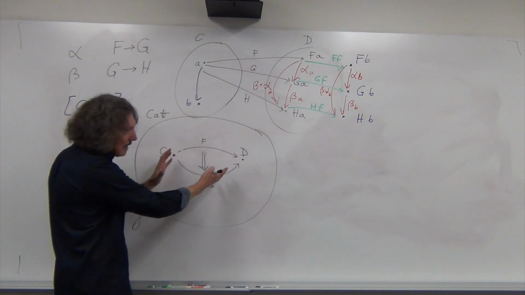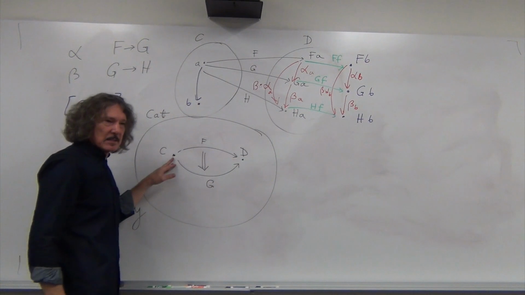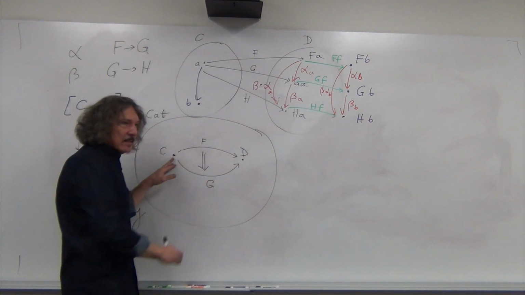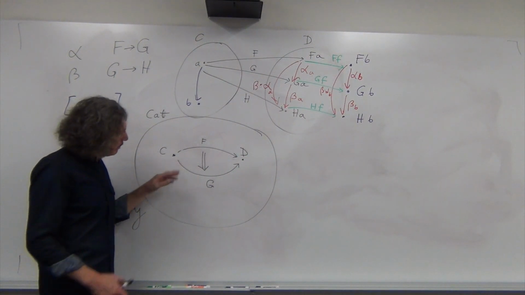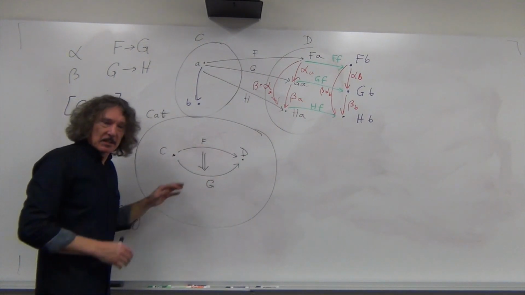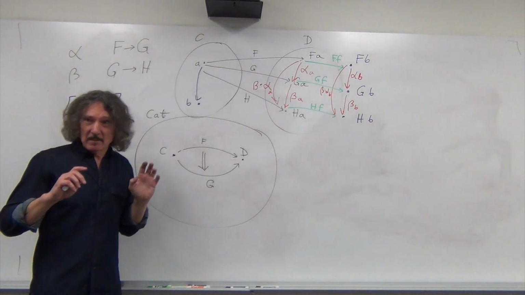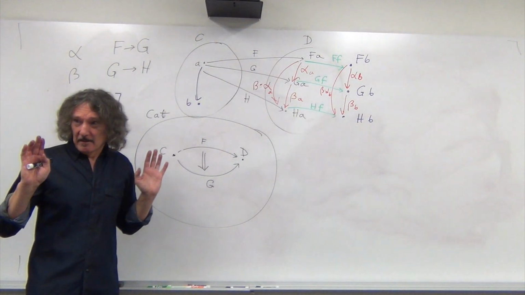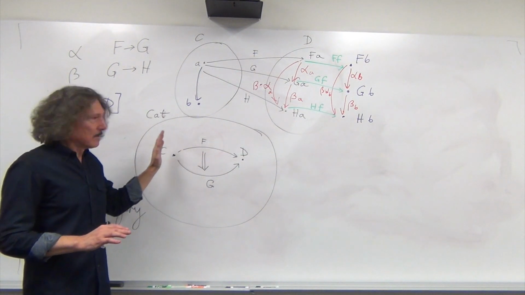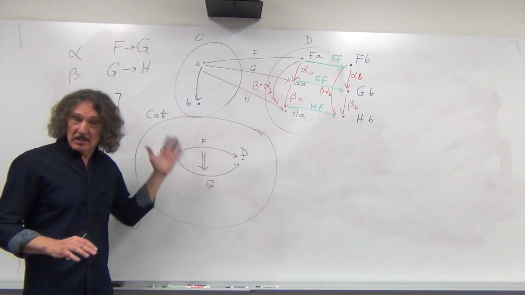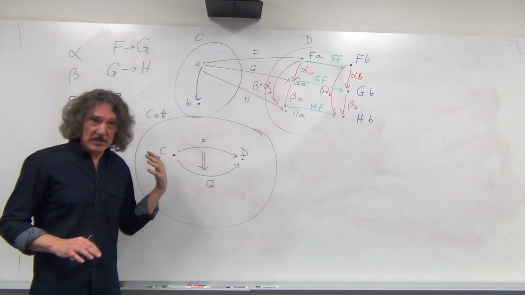Now, let's think about the Hom set in this category, right? A Hom set between two categories, C and D, that's a set of functors, right? A set of functors between two categories is a Hom set in Cat. Okay, I'm saying set because I'm thinking small, right? I'm thinking small category. A small category is a category in which we have a set of objects, right?